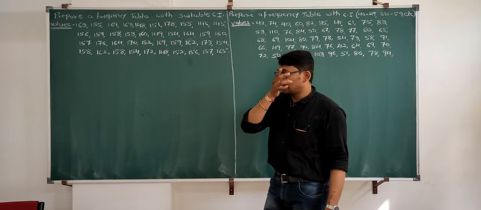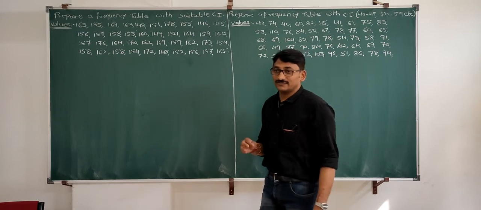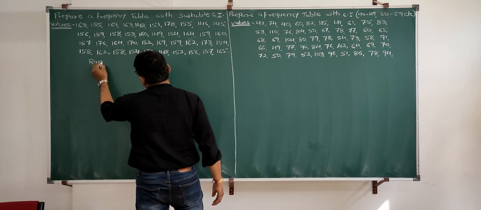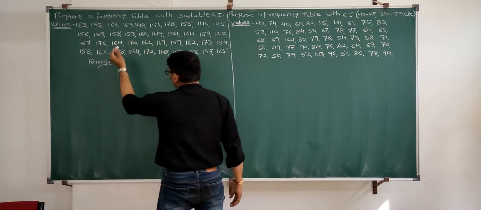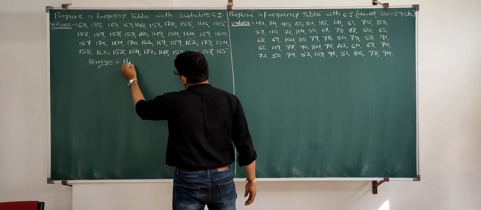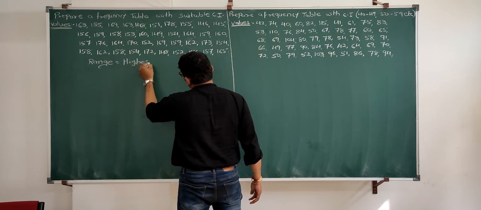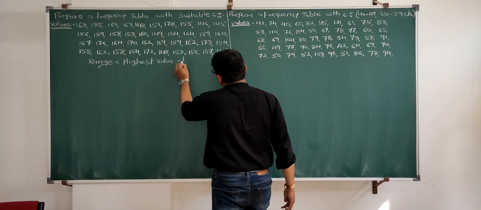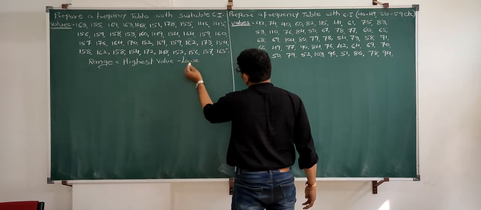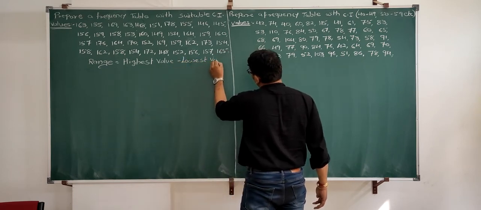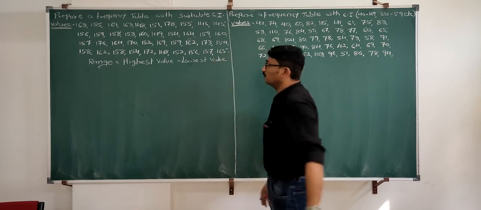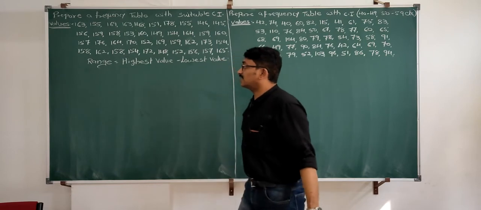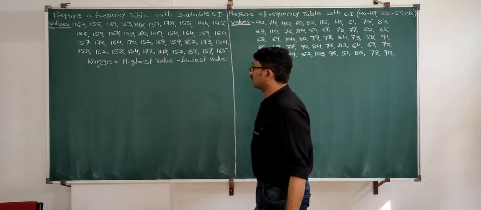So when class intervals are not given, your first step is to start with the range. You have to calculate the range. What is the formula of range? The highest value minus lowest value. Highest value minus lowest value. Now from these given values, check what is the highest value.